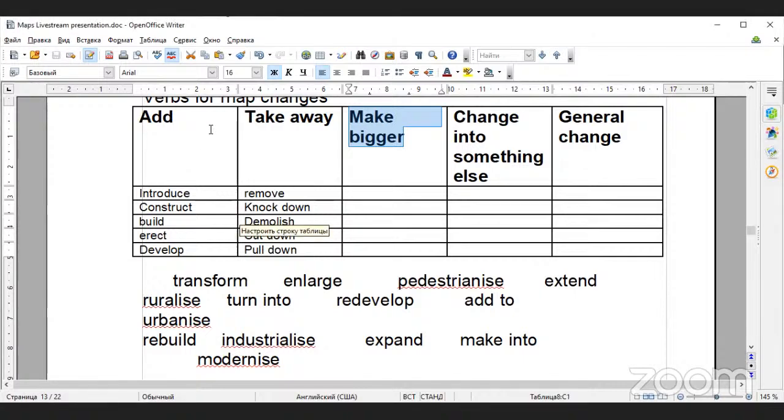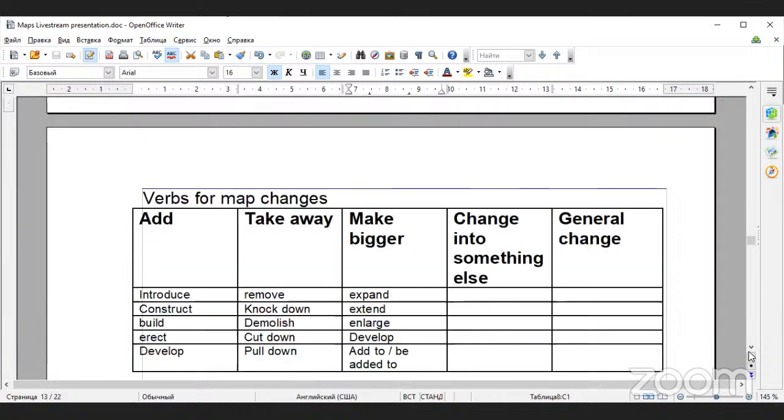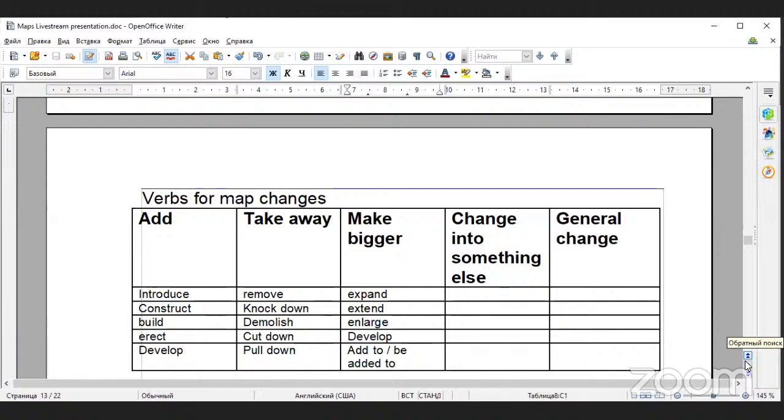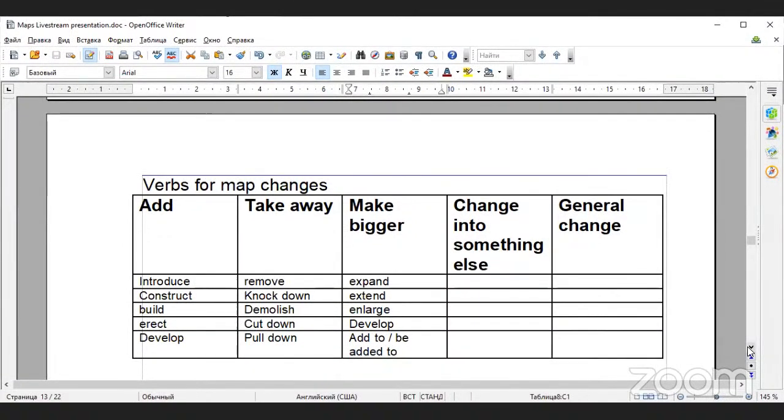All right. So the words for make bigger are expand, extend, enlarge, develop, add to or be added to. Well, of course you can put this into the first category. That's not a problem. As long as you understand the words, this classification is not so principal. It's just a way for you to try to memorize other words.